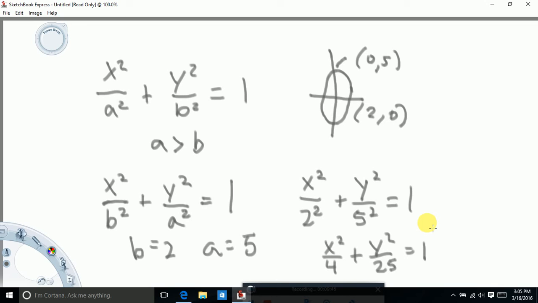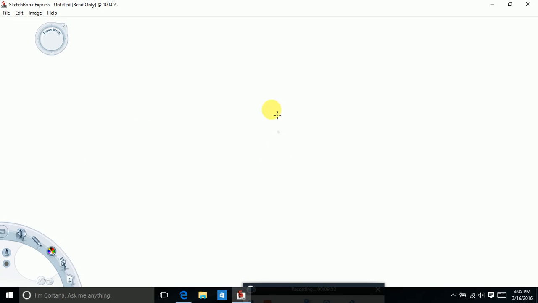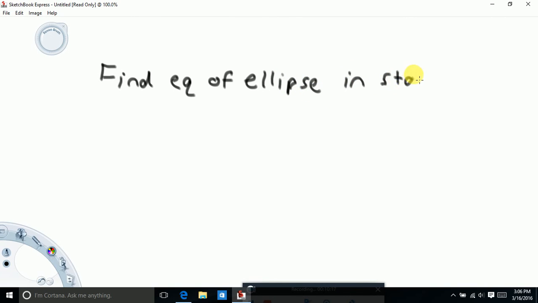So why don't we do another problem? So this time around, I want you to find the equation of an ellipse in standard form given the following information.